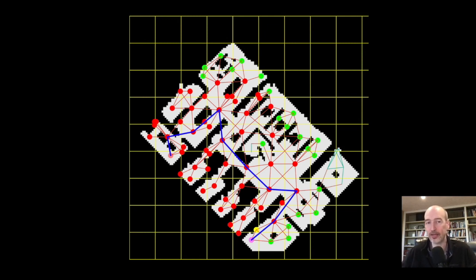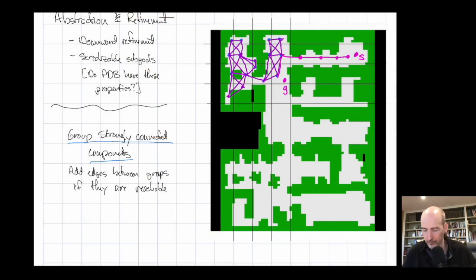So we really know that, this is the downward refinement property, any path in the abstract state space is guaranteed to be able to be converted into a path in the actual state space because of these strongly connected components that we're using to build the abstraction. And so we will be able to refine this, and the refinement actually gives us several nice properties. So let's go back to our slides here, and we will continue to look at how some of these things work.